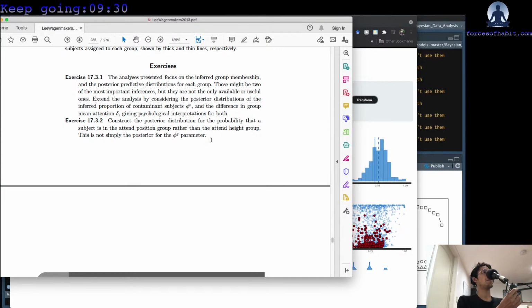Construct a posterior distribution for the probability that a subject is in the position rather than the attend height group. So we would have to use the average weightings, right? And we do some odds. So we'd scale.